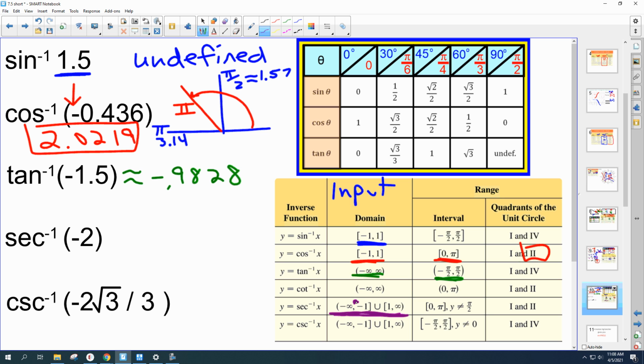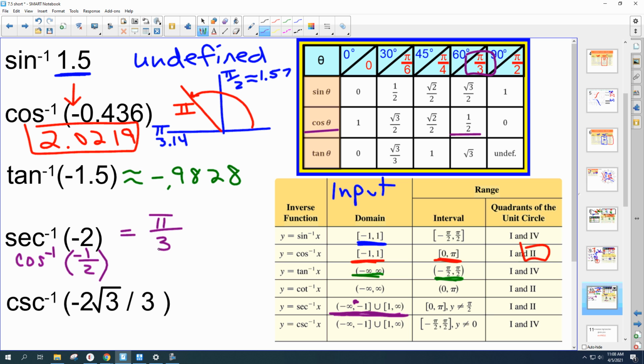This is actually a no calculator question. You should be able to do this without a calculator. And what I would do is I would switch it around. I would take the reciprocal and treat it like this. That's an inverse cosine of -1/2. And so I can go here, and here, and here. Am I allowed to have a negative pi over 3?